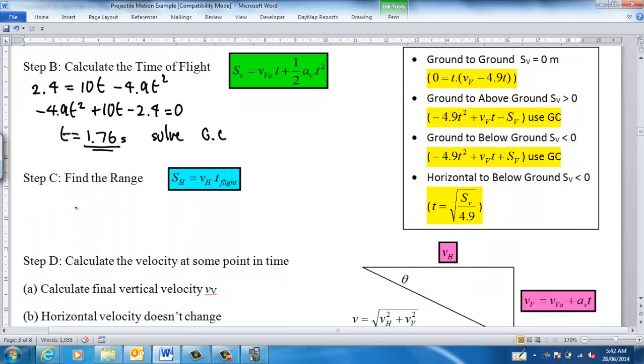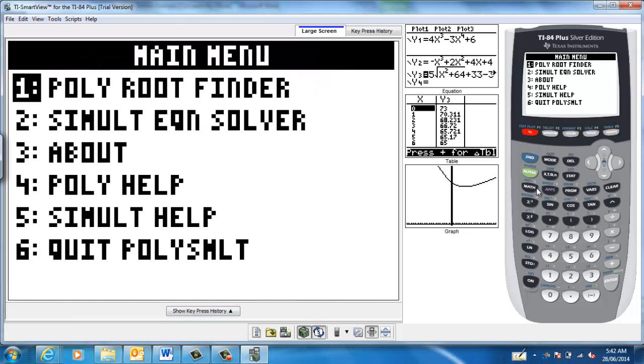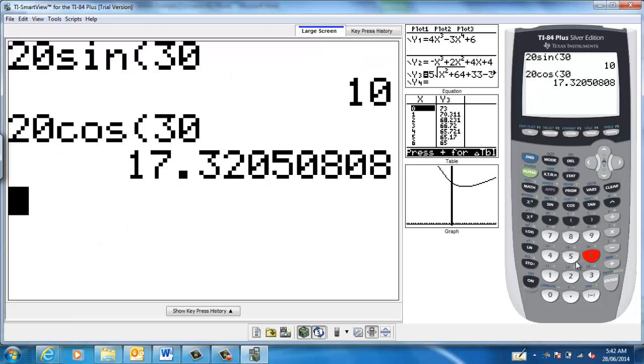Now, to work out our range, SH is simply our VH times t, so that's 17.32 times our time of flight, which is 1.76. That's going to give me an idea of whether it's going to be around the right distance. From here you have to get out of that program, and 6 will get me out of there.